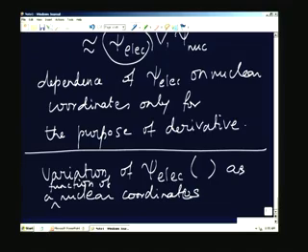You are not making the approximation that psi electronic is independent of nuclear coordinates. No. You are only saying that the electronic wave function is a function of nuclear coordinates, but its rate of change with respect to nuclear coordinates is negligible compared to the rate of change with respect to the electronic coordinates.